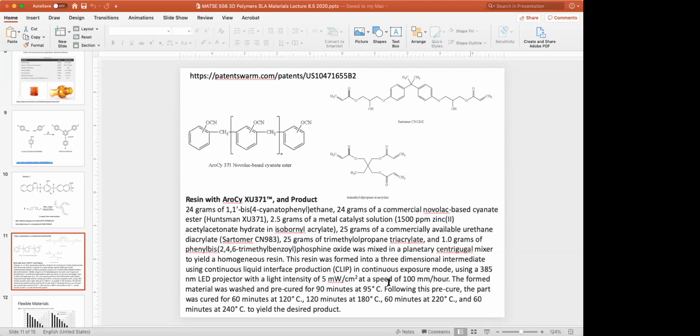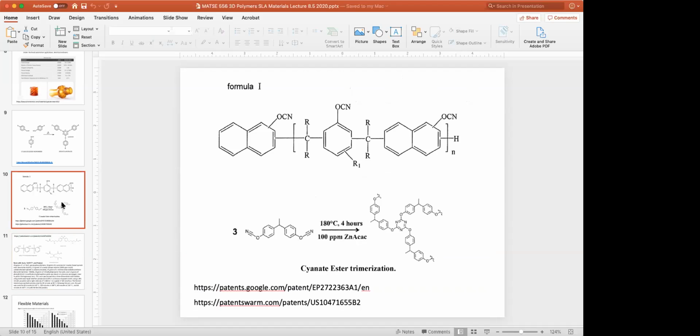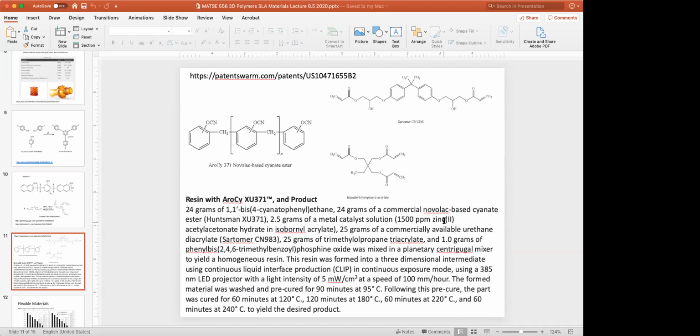It also gives you the washing and curing for getting the cyanate ester desired product. And then if you go on in the patent, it lists what the mechanical properties are. But you see now this is a multi-component mixture, and they also talk about this catalyst that's needed. So this zinc ACAC is needed in order to get the cyclization of the cyanate ester, and that catalyst is put in there.